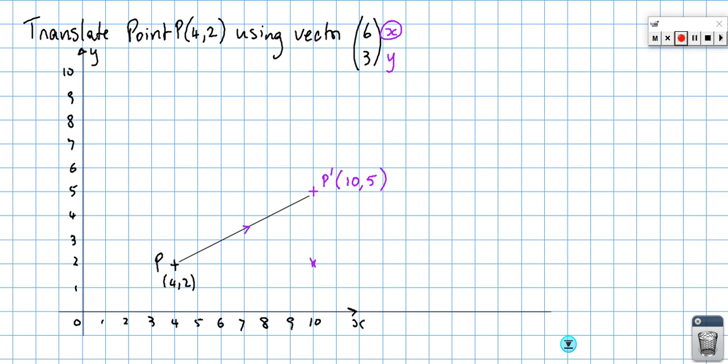So as a rule, for translation using vectors, we add the x and y of the vector to the coordinate.